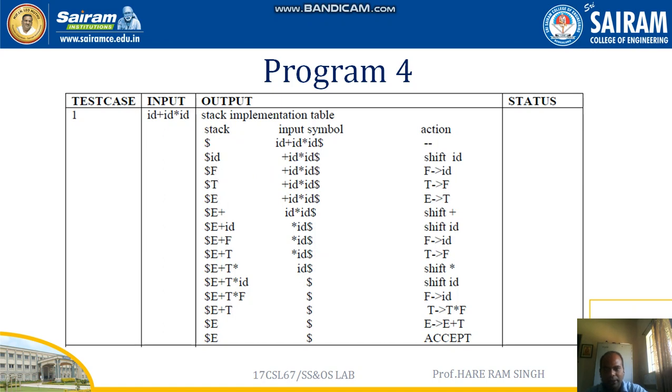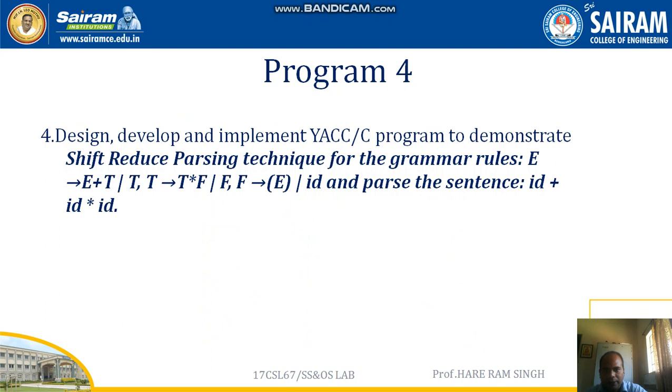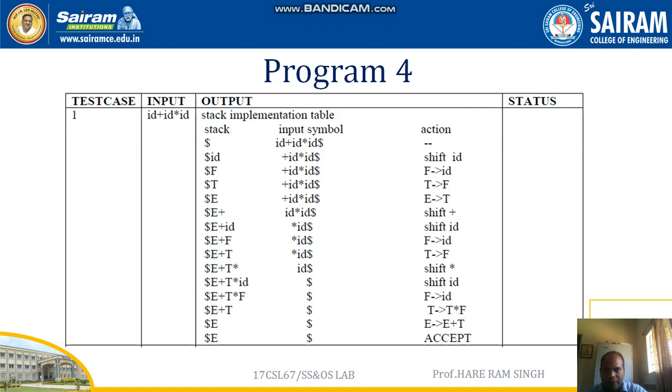How? Let us see the grammar. F → (E) or id, so if id is there, id can be replaced by F according to the grammar. So here id is replaced by F, and the input symbol will be the same.